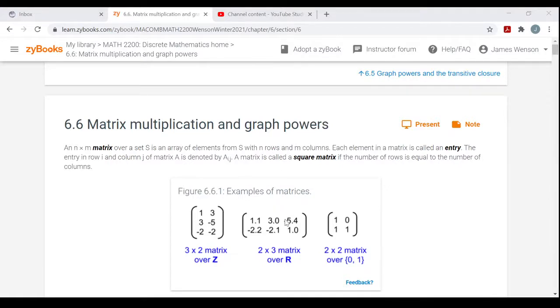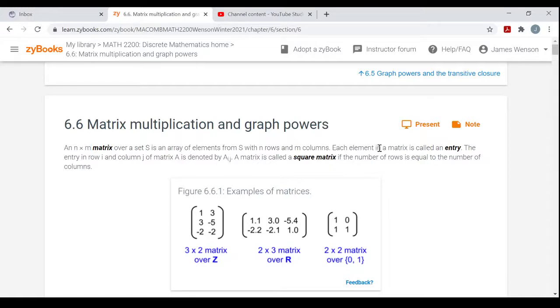Rows go left to right, columns go up and down. And the size of a matrix is always given as the number of rows first, then a little by, a little cross, and then the number of columns second.